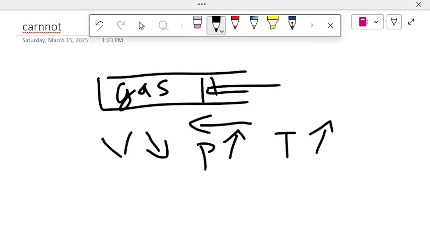If I do that very fast, I can consider the process almost with no heat exchange with the exterior.